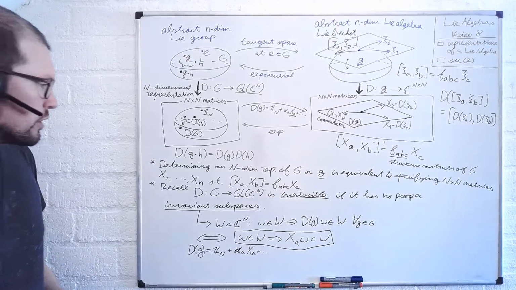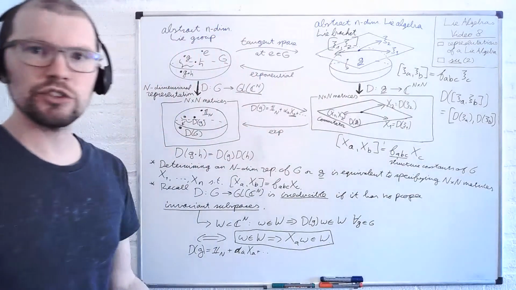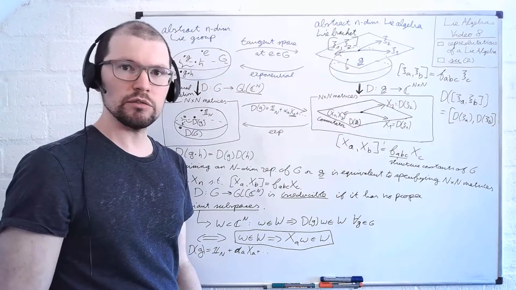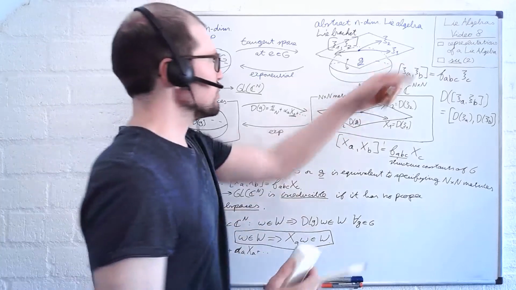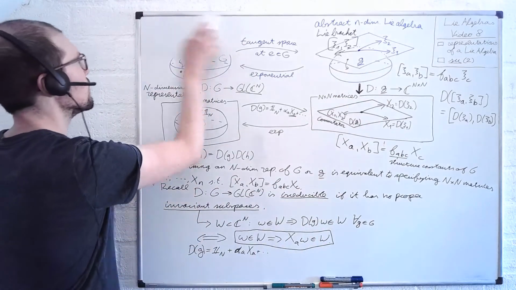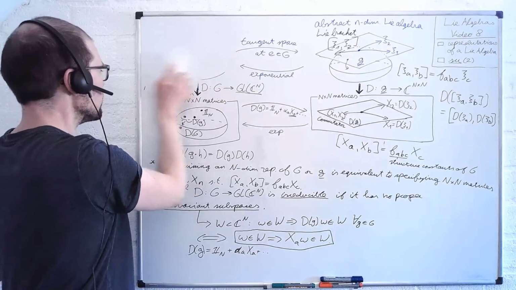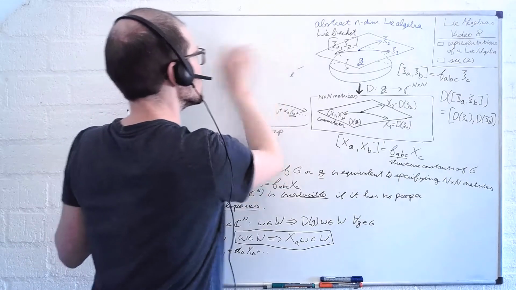So as I said, we're going to do this in an example which is really central to the classification of representations of all Lie groups. And this example is SU2. In the exercises, you have already looked a bit at this Lie group.